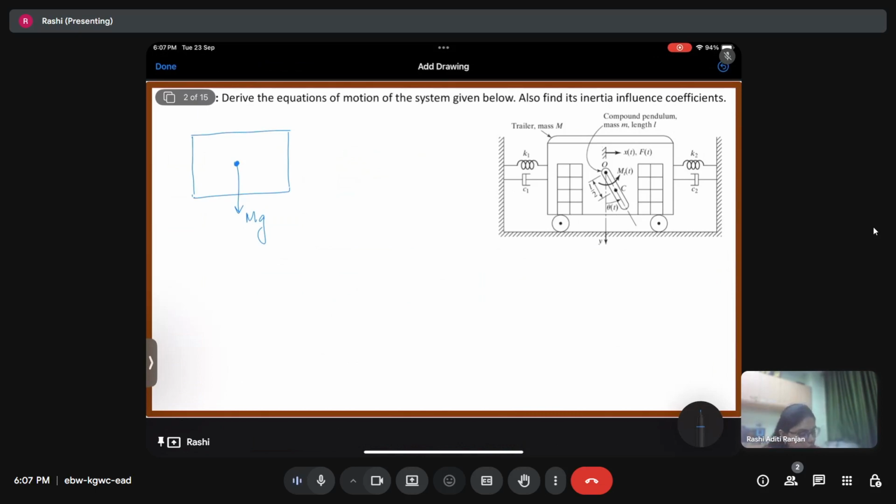We are assuming that the trailer is moving in the forward direction with X, X dot, X double dot, for now we'll just consider.